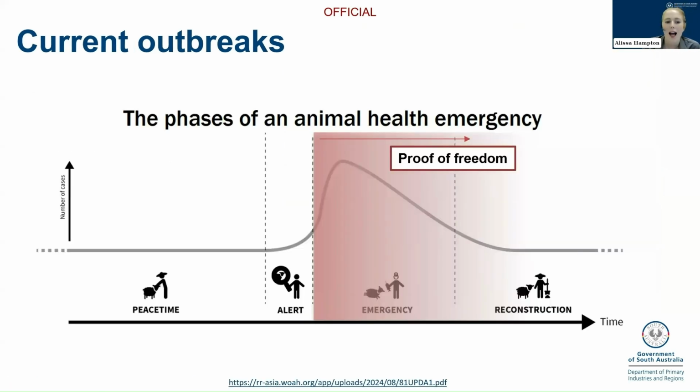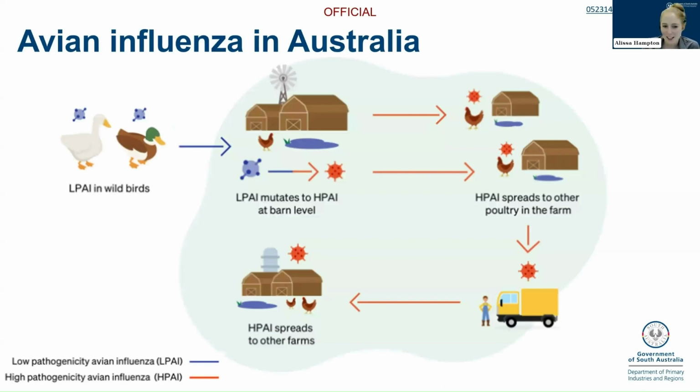Next slide. They are now transitioning out of the immediate emergency response phase and are focusing on proof of freedom, which will take some time before the zones and associated restrictions can be completely lifted and Australia can regain our HPAI-free status.